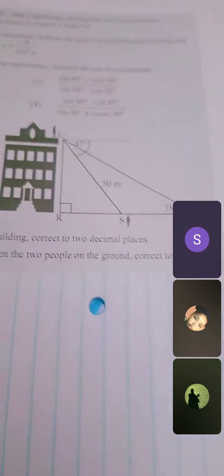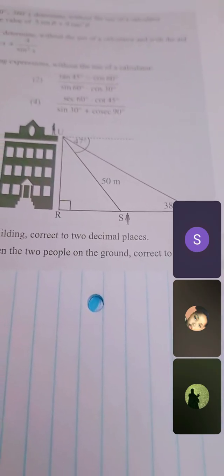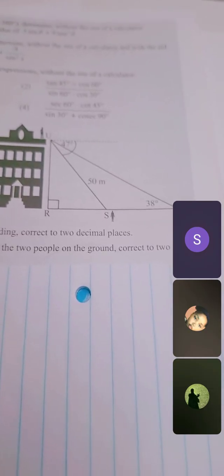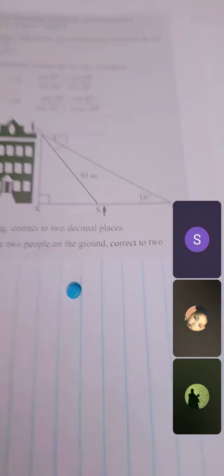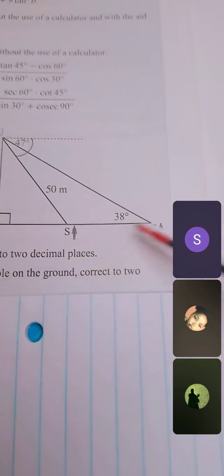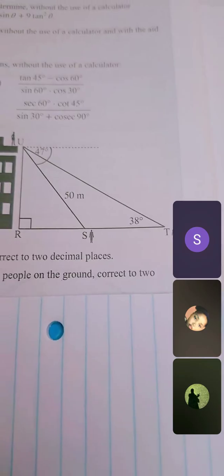We've been given US is 50 meters. Is S and T common? What about S and T?